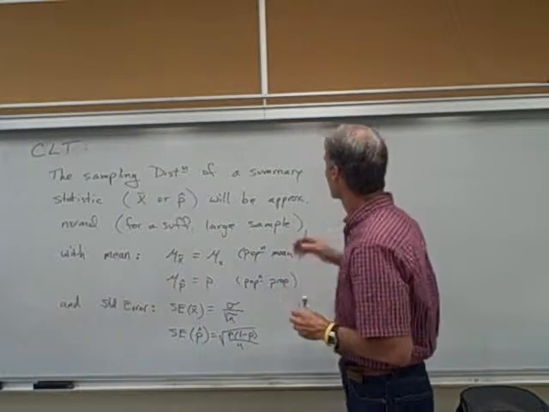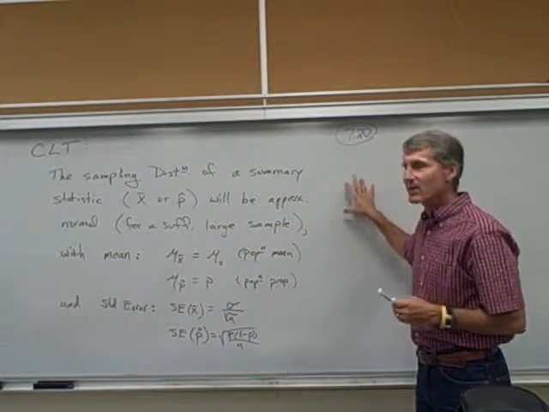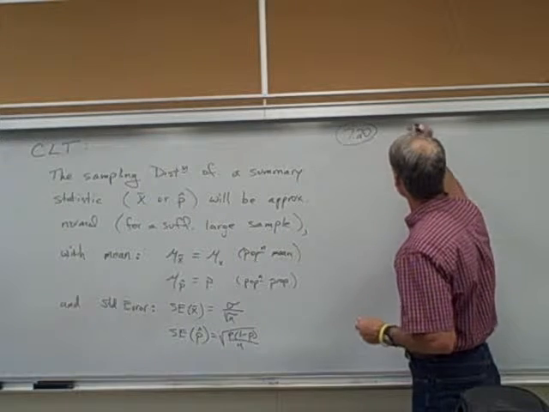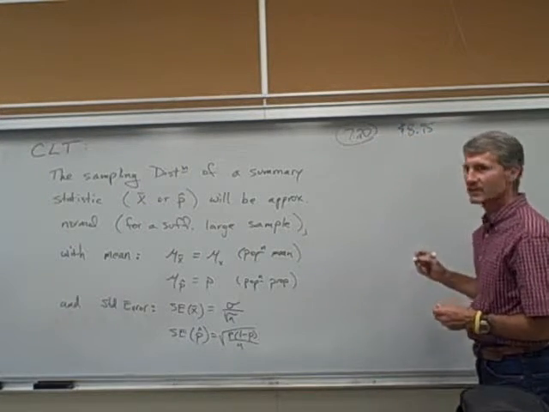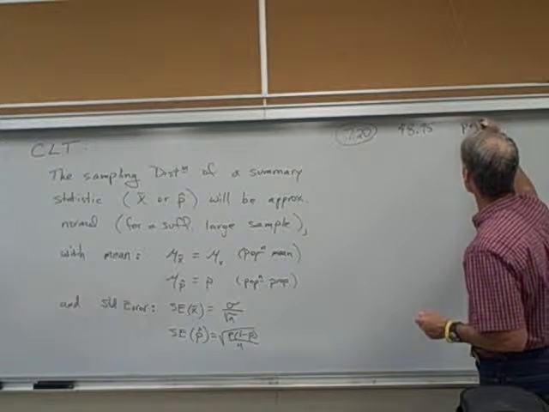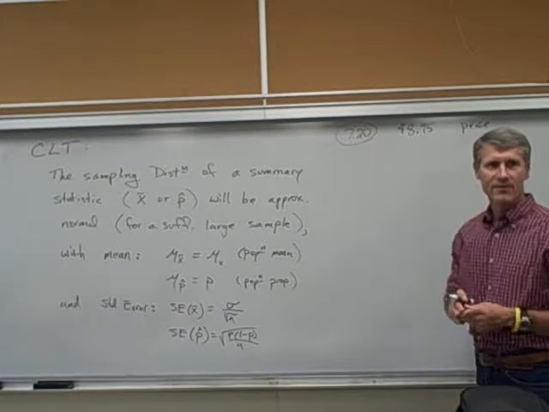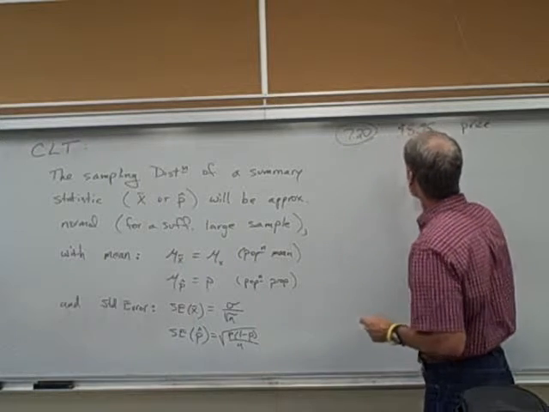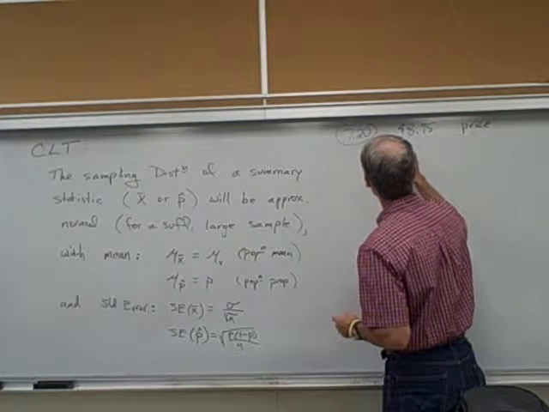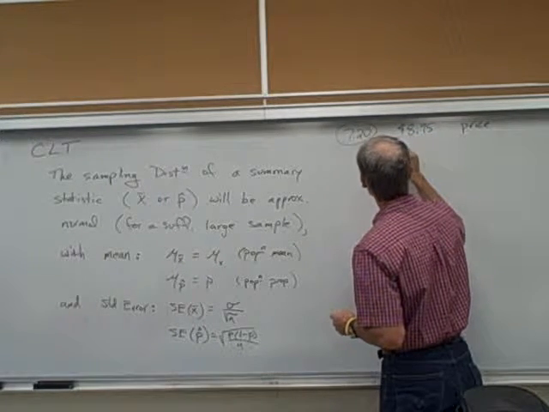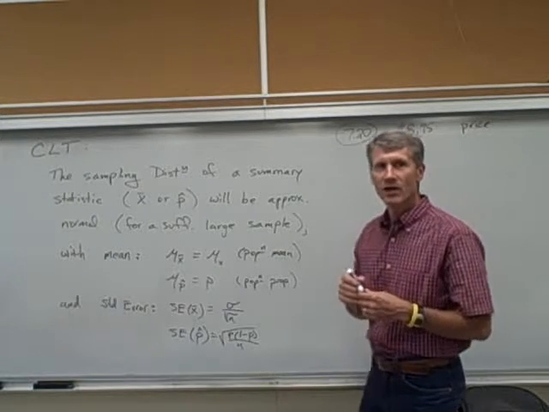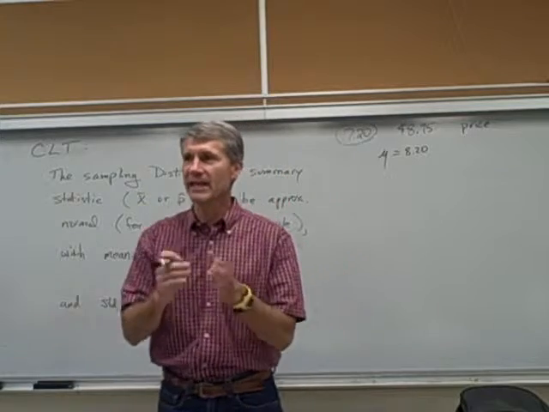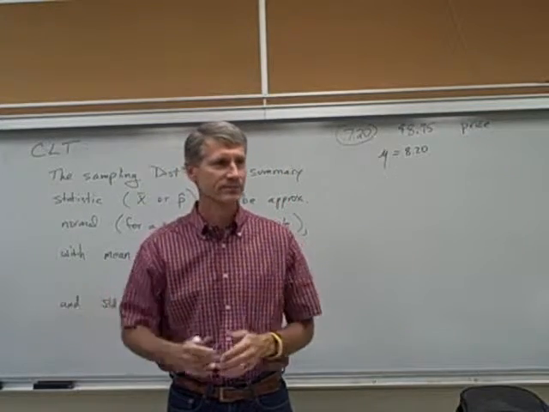So in order to make a profit, Jan charges $8.95 per meal. So that's the price of the meal. From past data, she knows that the mean expense is $8.20. So on average, people eat $8.20 worth of food.